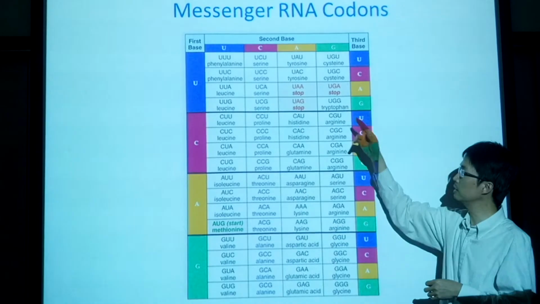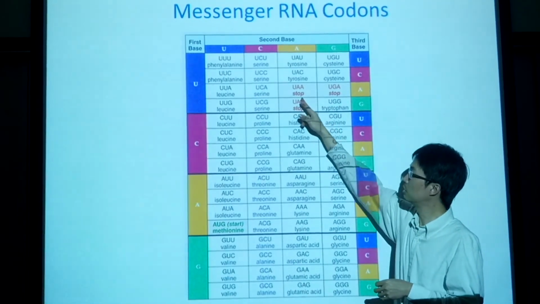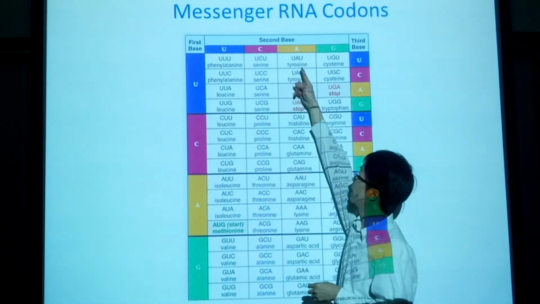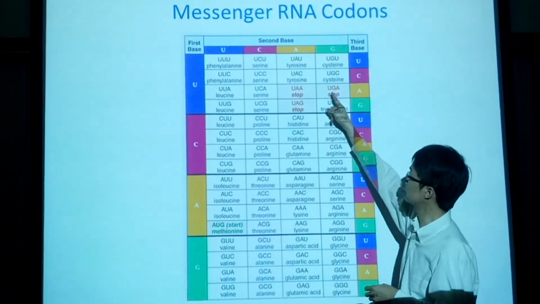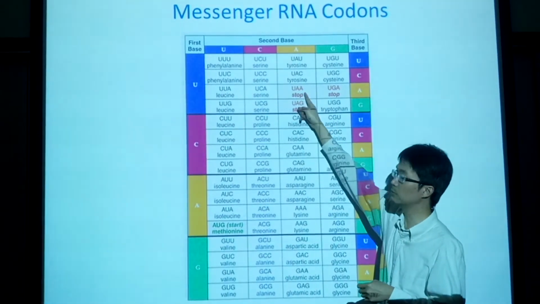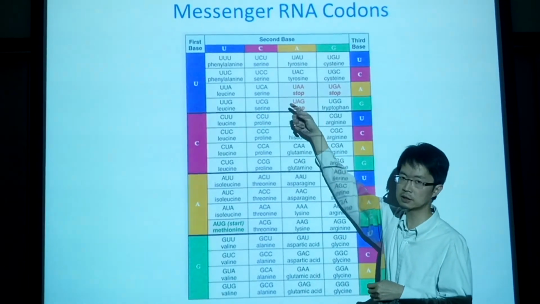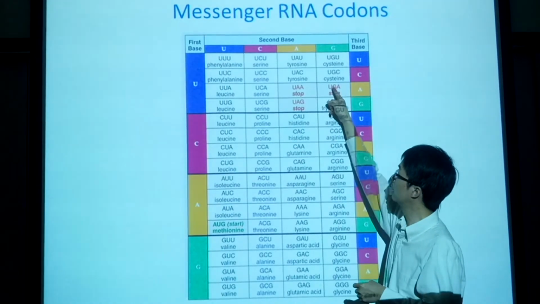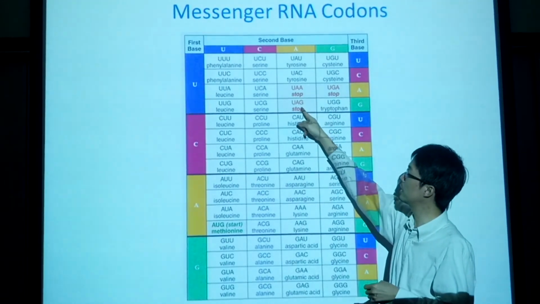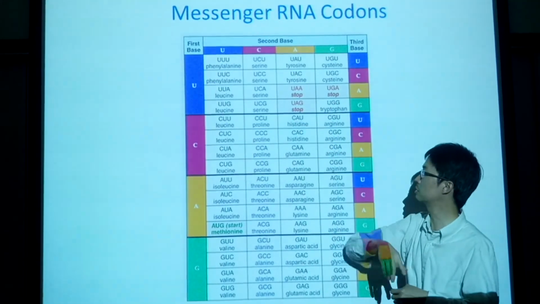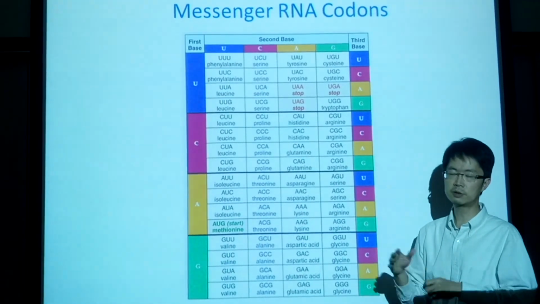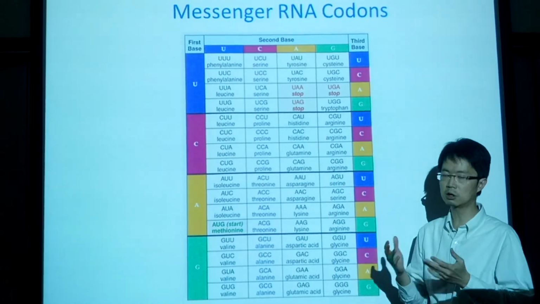And then we have these three stop codons. UAA: you can see that U is here, the second is A, the third one is also A. We call it a stop codon because it doesn't code for any amino acid, but it stops the entire translation process. And then UGA and UAG. All these three are the stop codons. In the previous slide, we talked about the redundant code.